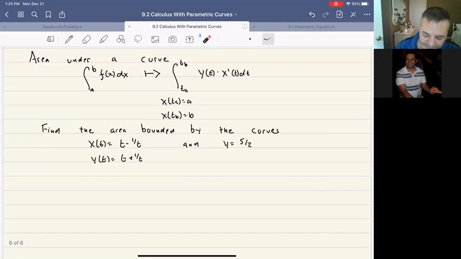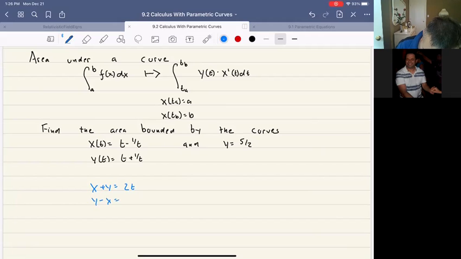I noticed that x plus y equals 2t, and y minus x equals 2 over t.